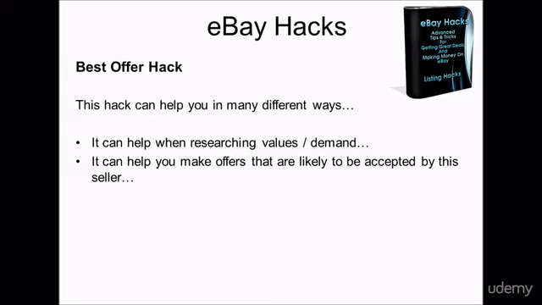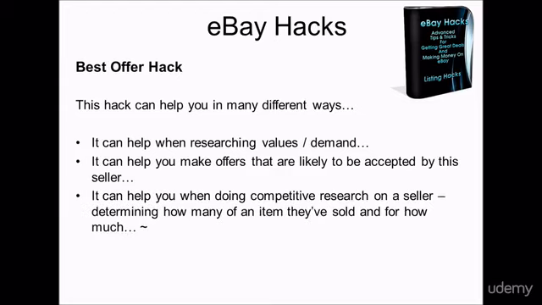Because you already know how much they accepted before, and now you can make an educated offer based on what they've accepted before. It can also help you when doing competitive research on a seller, determining how many of an item they've sold and for how much. So it's very valuable information to be able to determine how much a seller accepted in best offer, and that's the best offer hack.